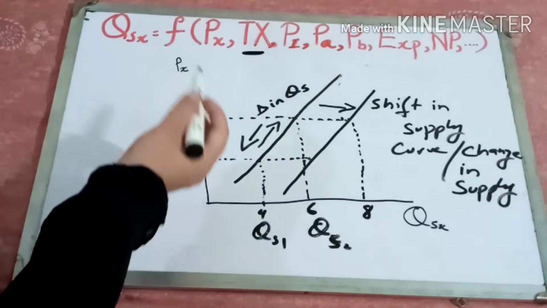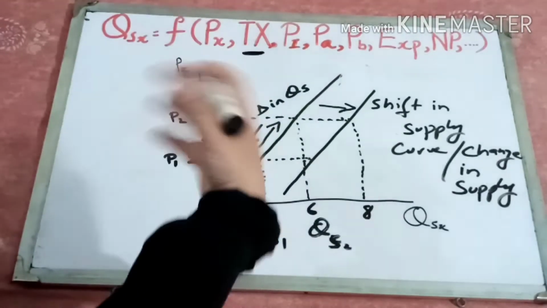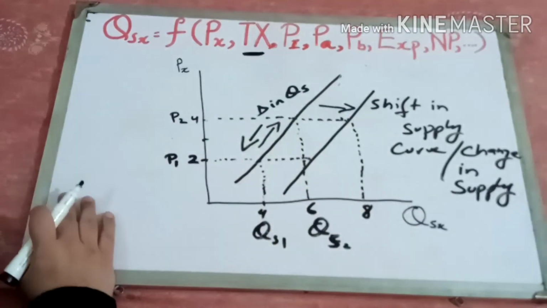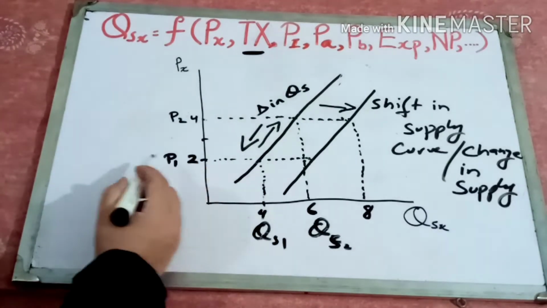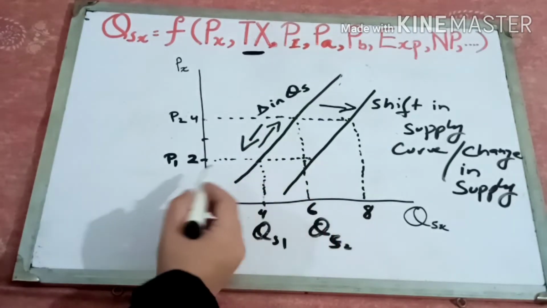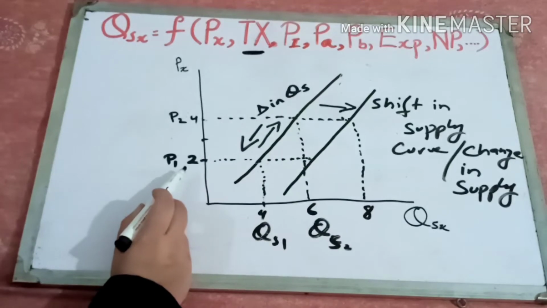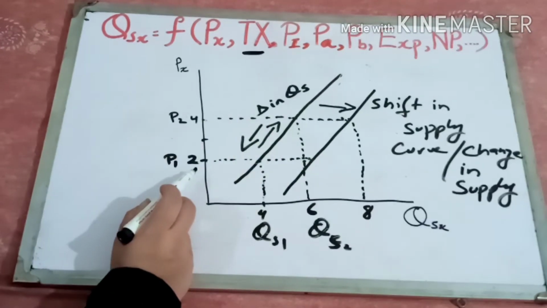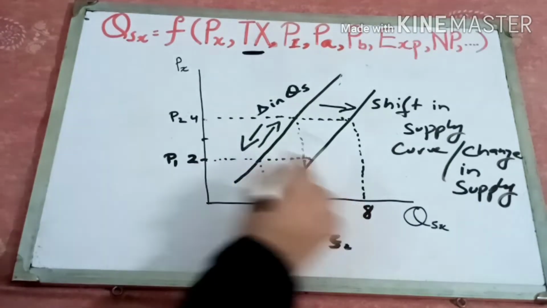But when we involve other factors also, now the suppliers want to produce or to supply more at the same price. There is no price change, but now they are willing to supply more. So there would be an entire shift in the supply curve.